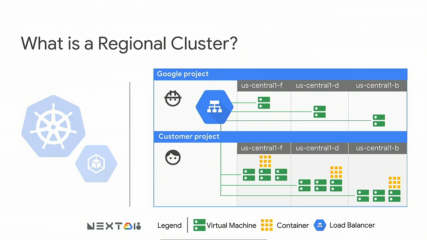By having 3 masters behind your GKE cluster, we help to eliminate downtime when one master becomes unavailable, either because it's in an unhealthy state or because it's being upgraded. When we perform upgrades of the master, we upgrade one at a time, so you don't get the downtime that you would experience with a zonal cluster deployment.